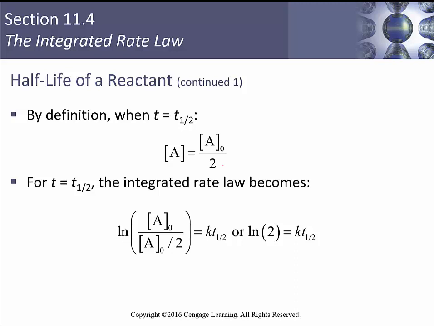So our integrated rate law becomes the natural log of our initial concentration divided by our initial concentration over 2, which is equal to k times the half-life, or the natural log of 2. So this 2 kind of moves up to the top. So the natural log of 2 is equal to k t 1/2. And that's our half-life equation, which is just a special version of our integrated rate law.